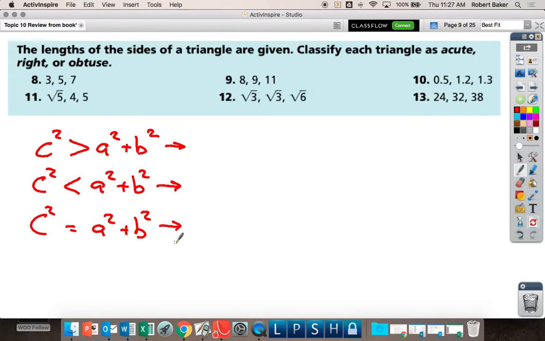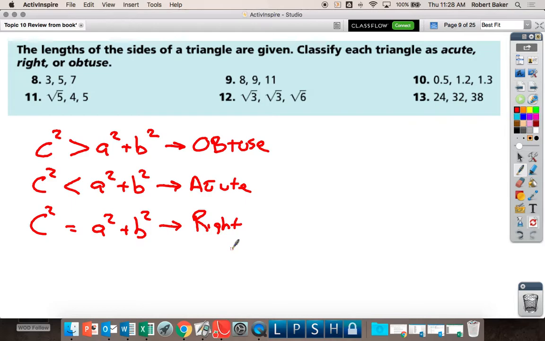If c squared is bigger than a squared plus b squared, it makes it obtuse. I know we had some discussion, was it 6th period or this class? It's easy to switch them. Now if c squared is less than a squared plus b squared, acute. And then this one's weird. If c squared equals a squared plus b squared, that's Pythagorean theorem. Correct.